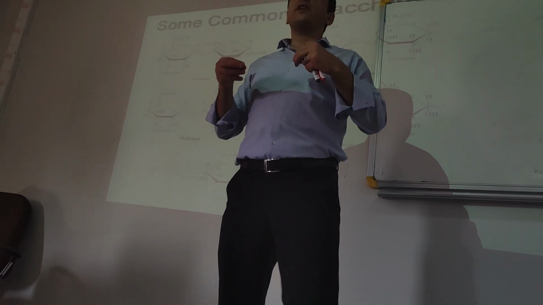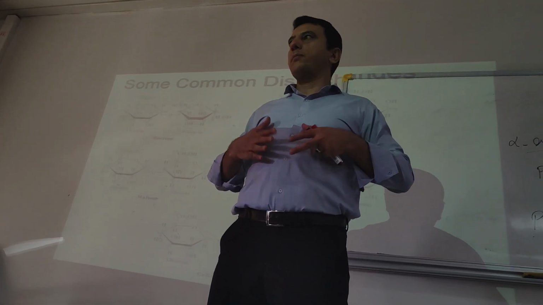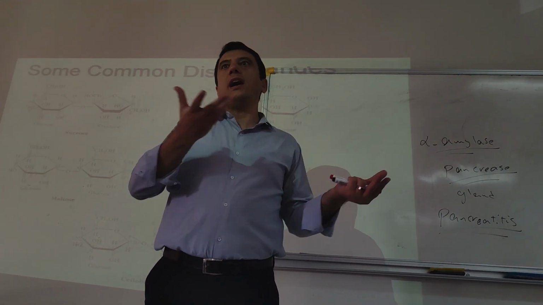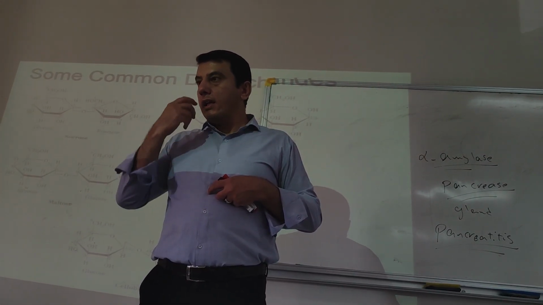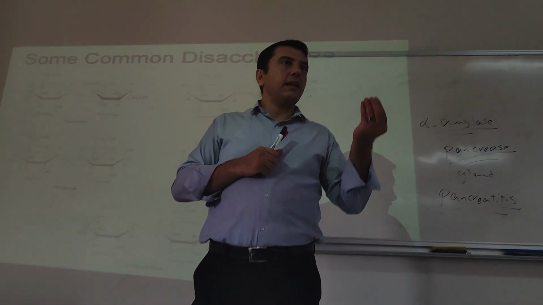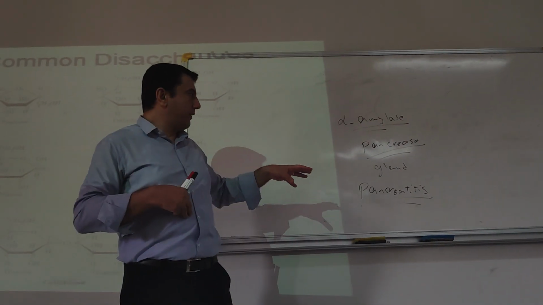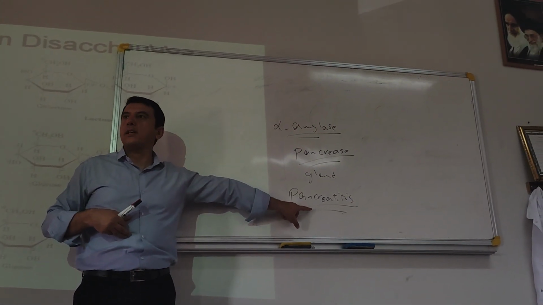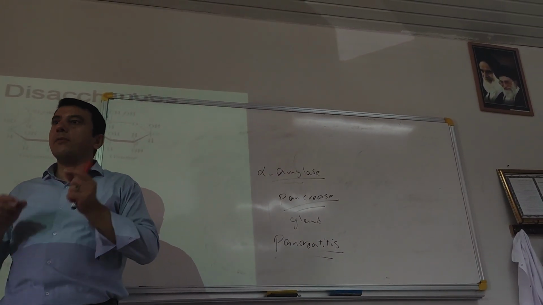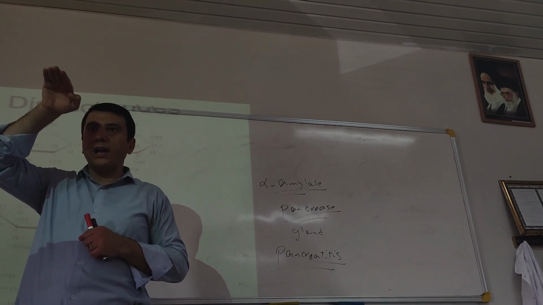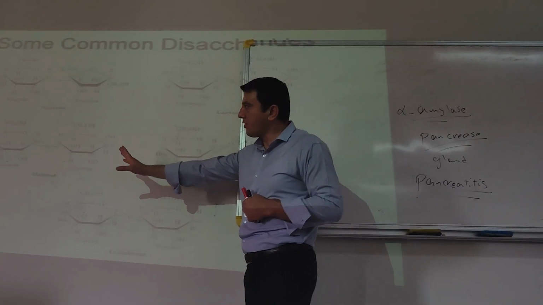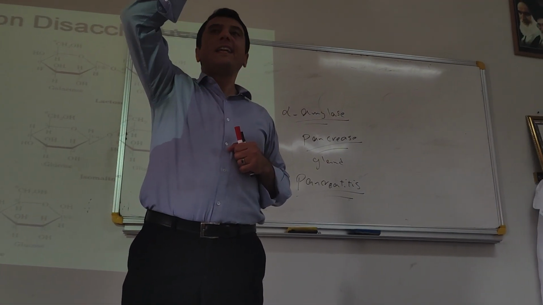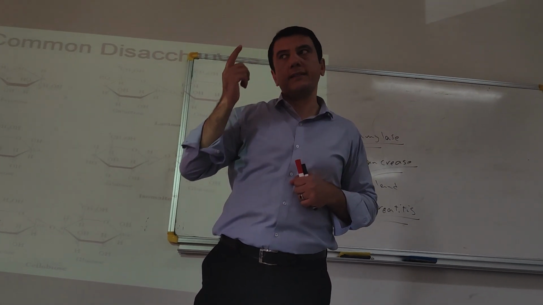Such patients suffer from abdominal pain, very serious pain, because of the inflammation of their pancreas, which is named pancreatitis. So in pancreatitis, the level of alpha amylase, which is responsible for dissociation of the alpha linkage between two glucose, is extremely increased in your blood.